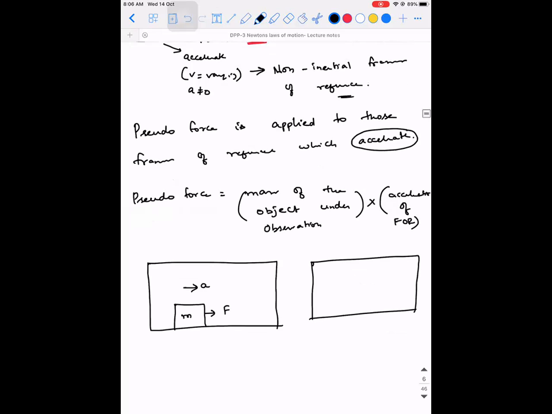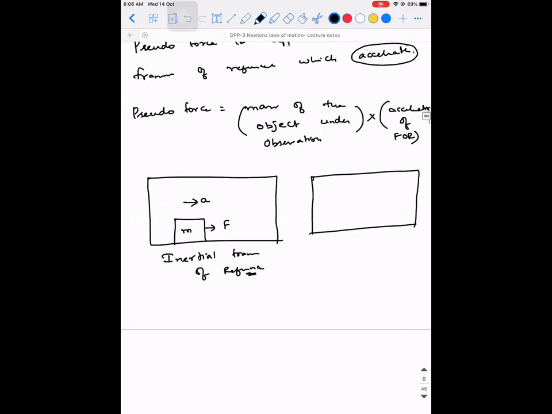If I ask you to calculate the acceleration of this, provided this is an inertial frame of reference, then what will be the value? You can tell me in one step.